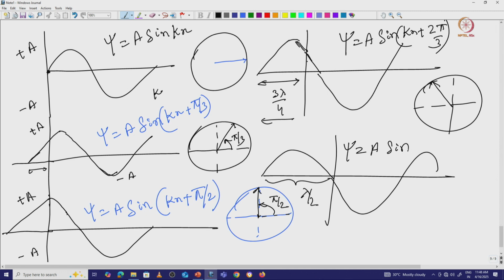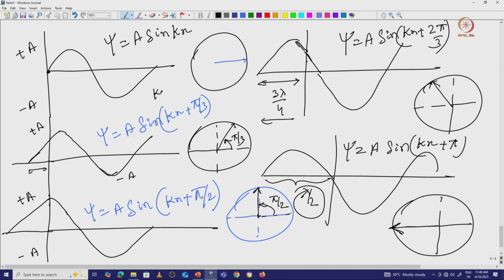The difference will be kx plus pi. Okay. So, here it is 2 pi by 3, here it is a complete pi. If we draw this diagram, the position of this wave will be completely opposite.